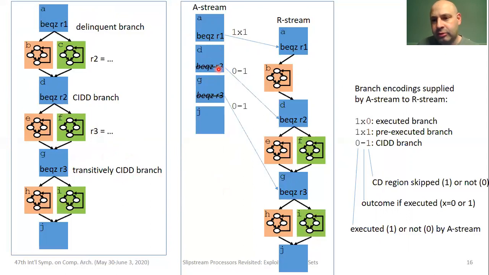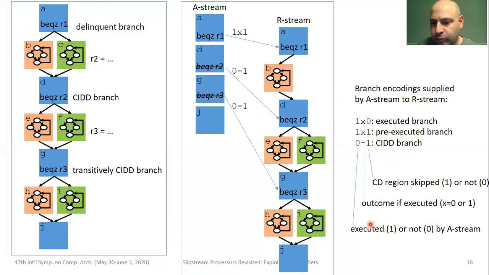But the second branch cannot be executed because it depends on something that was removed by the first branch. And so it is fetched but not executed, and its control dependent region is skipped. And likewise for the third branch. Now, we have to have an encoding scheme for sending outcomes to the R stream so that the R stream knows what to do. And the branch encodings that are supplied by the A stream to the R stream consist of 3 bits per branch.